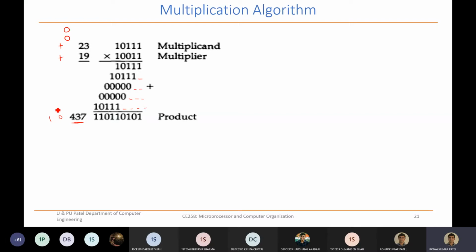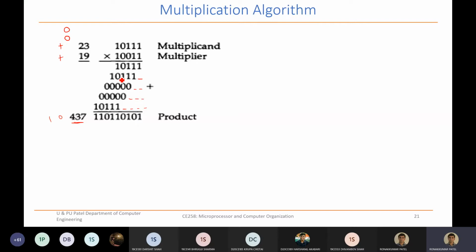Now, multiplication of two fixed point binary numbers in sign magnitude representation is done by the process of successive shift and add operation that we have seen, right? The process consists of looking at the successive bits of the multiplier, least significant bit first. If the multiplier bit is 1, the multiplicand is copied down, otherwise zeros are copied down.